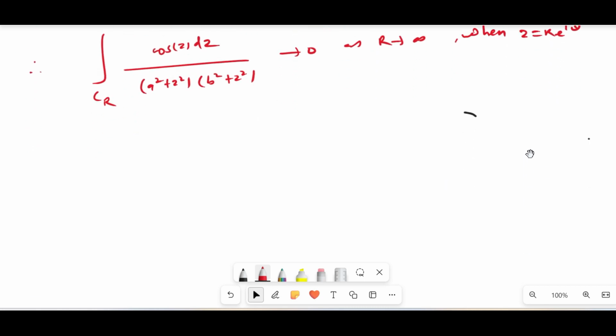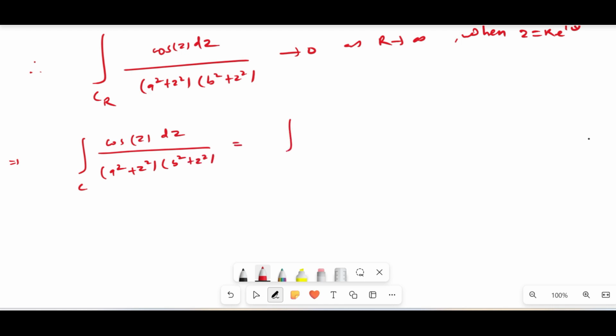So further we can write that the value of the integral over the curve c of cos z dz over (a square plus z square)(b square plus z square) is equal to the integral from negative r to r of f(x) dx plus the integral over the arc of radius r of f(z) dz.